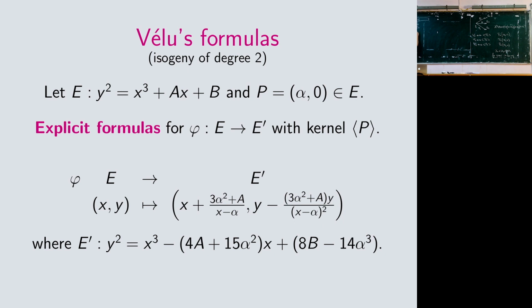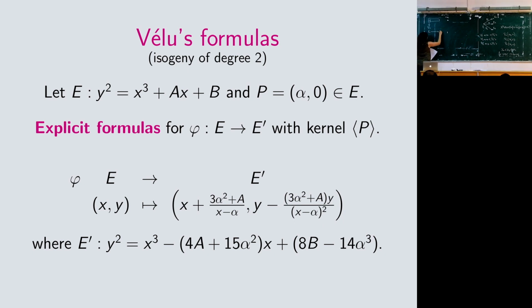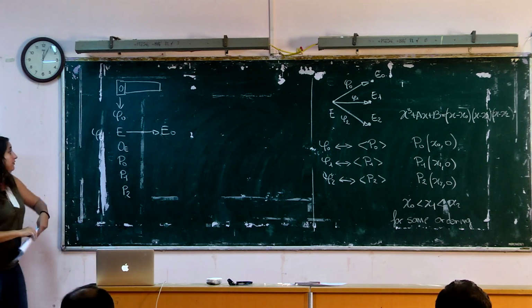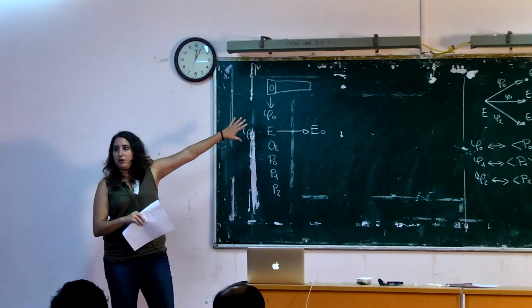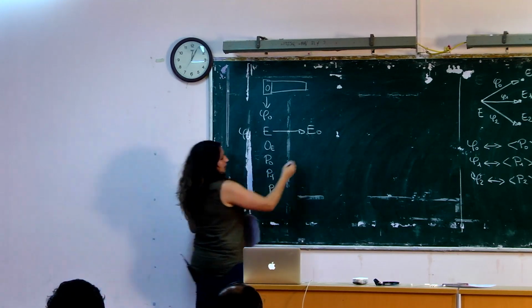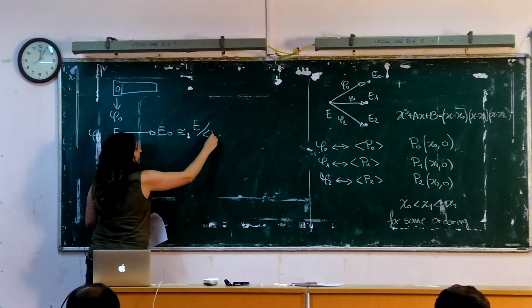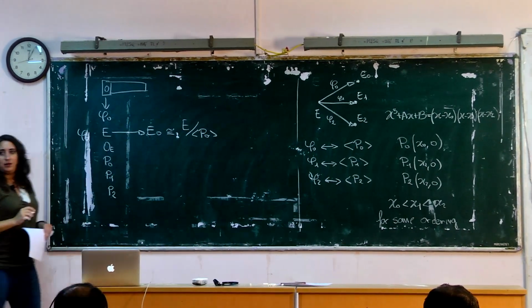So we are computing an isogeny from E to E0 that we denote phi 0. And for what we said before, in the 2-torsion subgroup we had 4 points: the point at infinity, P0, P1, and P2. Okay? These are all points of our starting elliptic curve.